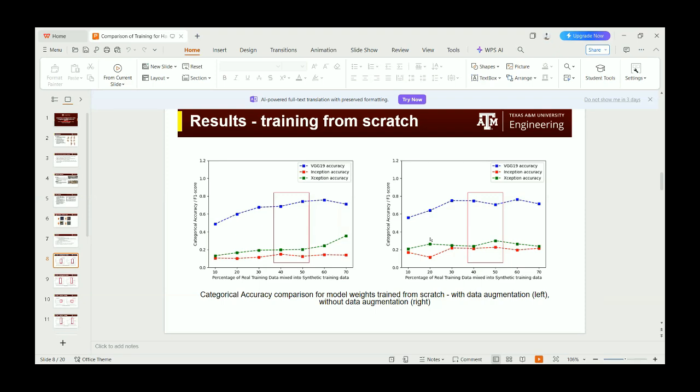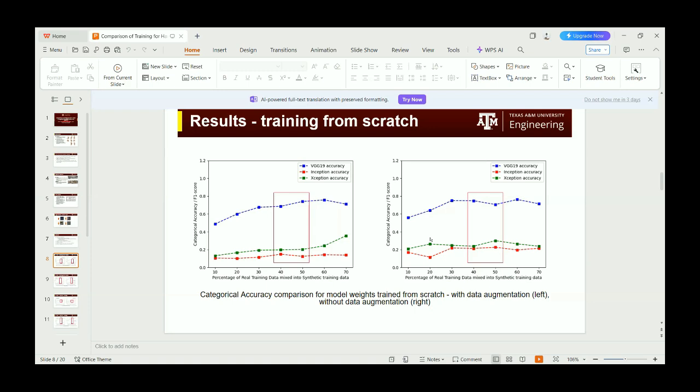Now, what is plotted on these axes is the accuracy over F1 score, right? And that's what you're looking at on the y-axis. On the x-axis, it's a mix between real data and synthetic data. So as the percentage of synthetic data is added to the real data, you see that the accuracy and F1 score go up, which is kind of what you wanted, all the way up to 70 in this case.